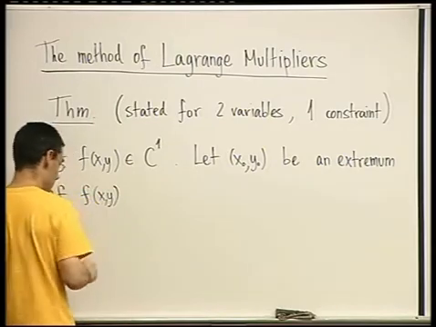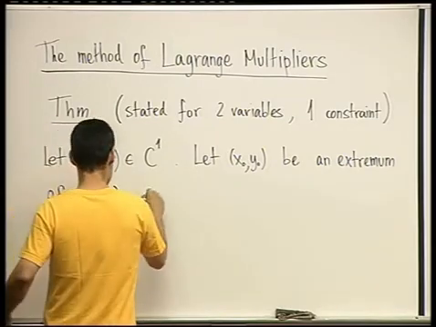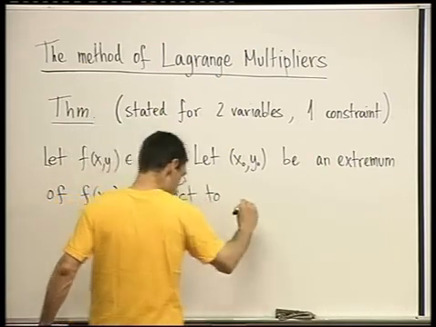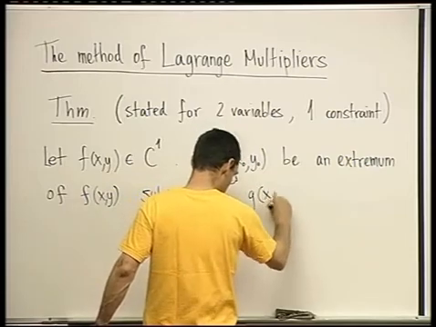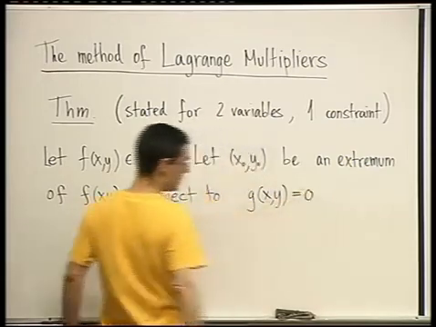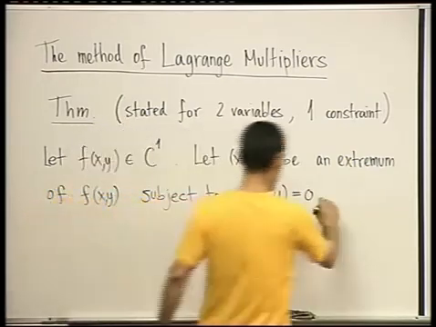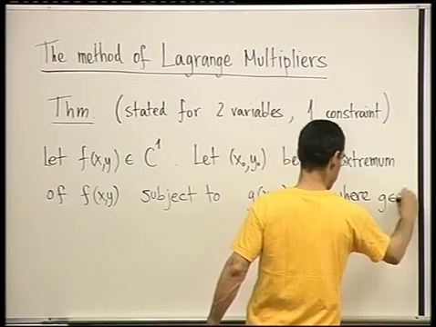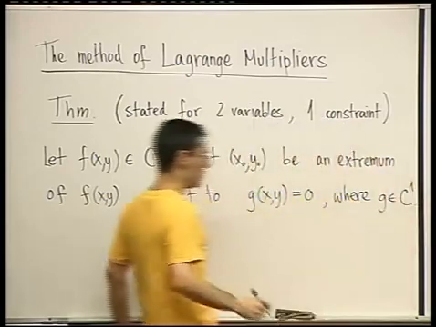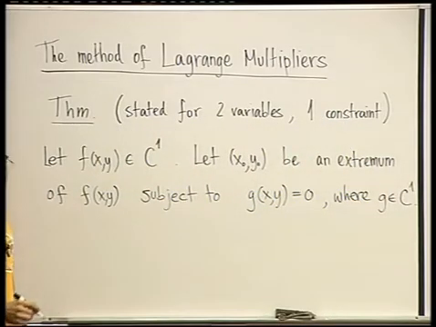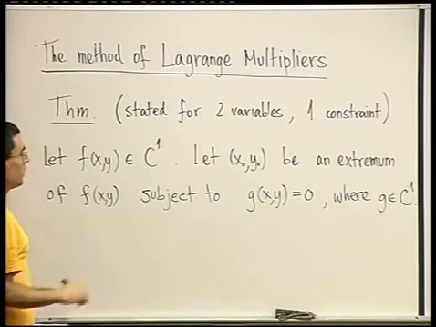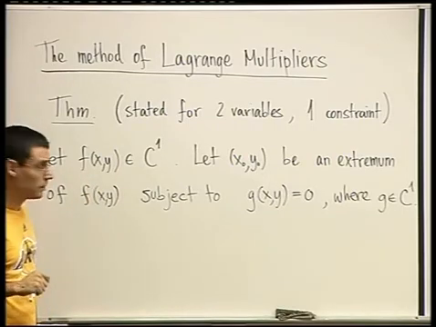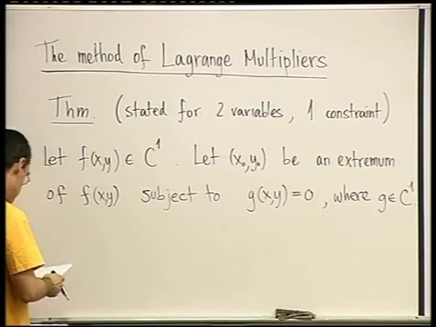This is the target function, subject to the constraint g(x,y) equals 0, where g has to be in C1 as well. You've probably noticed by now that every reasonable theorem in this course assumes C1 on all the functions involved. Okay.